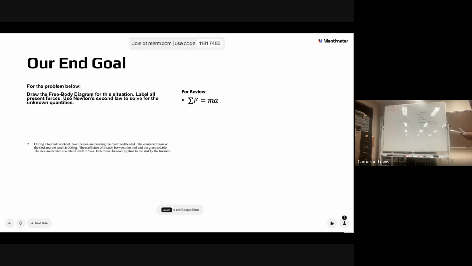So now the normal force is equal to what? 2940 newtons. 2,940 newtons, right?